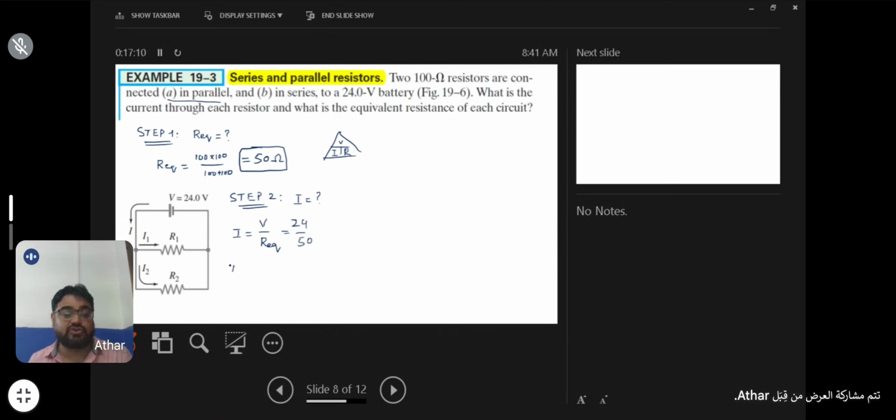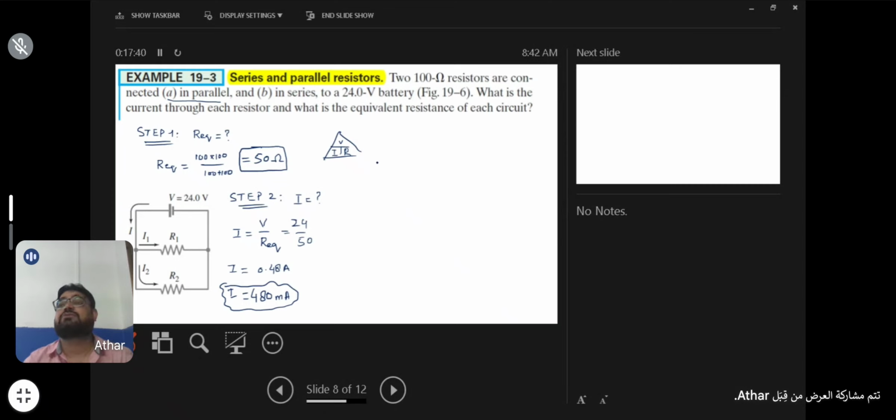So the total current provided by the battery is 0.48 ampere. If you want milliampere, you multiply by 1000. When you multiply by 1000, the answer is 480 milliampere. So you can write it in ampere or milliampere, it's up to you.